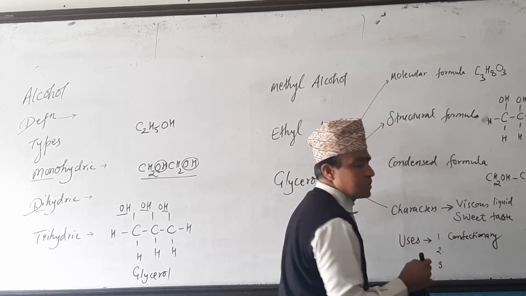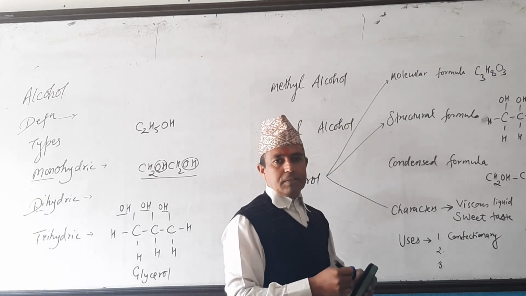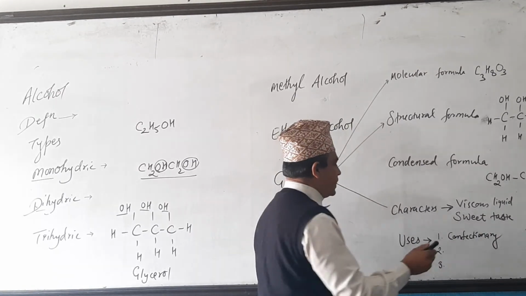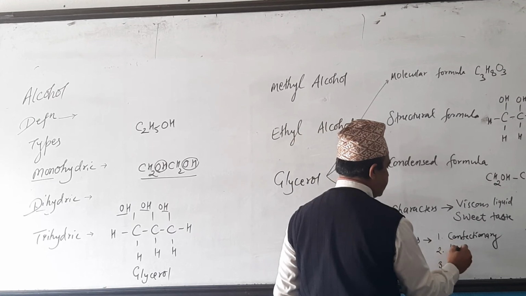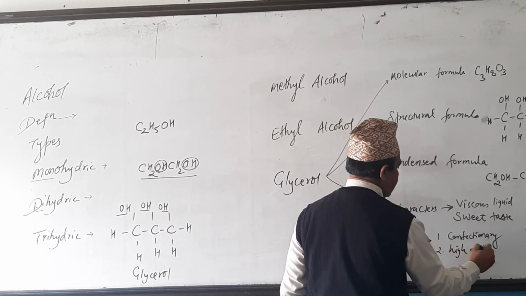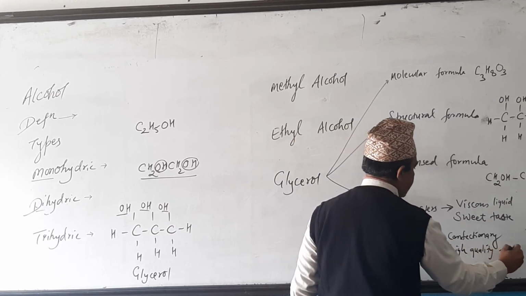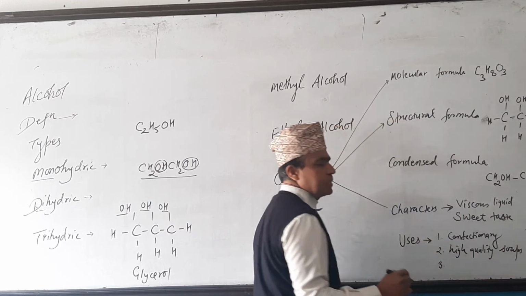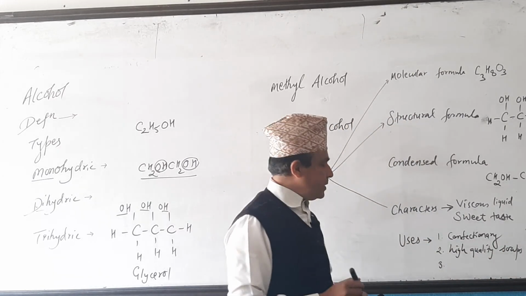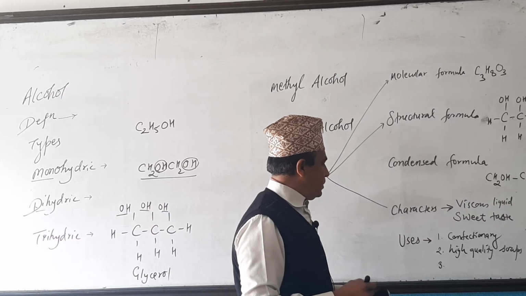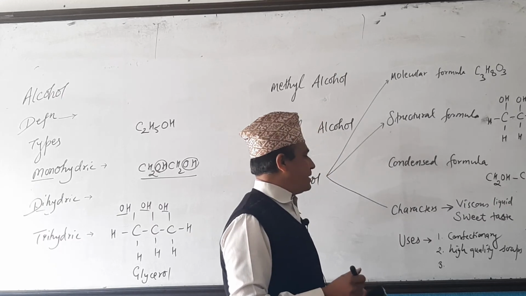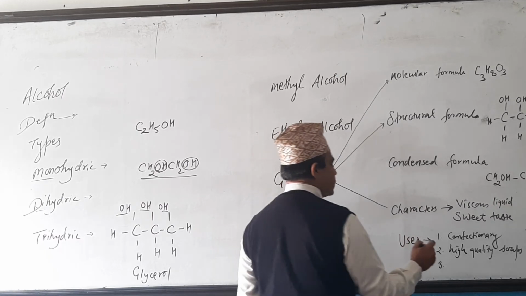Confectionery is the place where chocolates are made. So, to make chocolates, it is used. To make high quality soaps, high quality cosmetics can be made by using glycerol or glycerine.